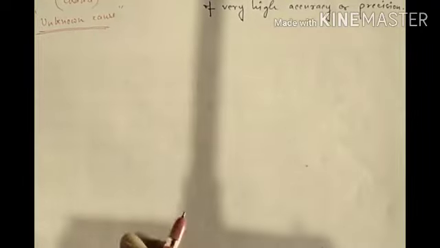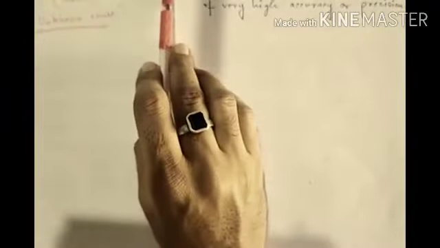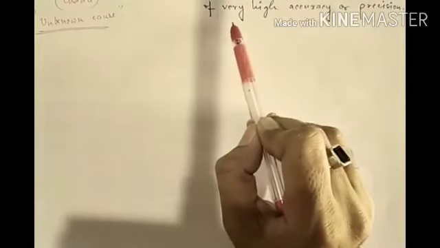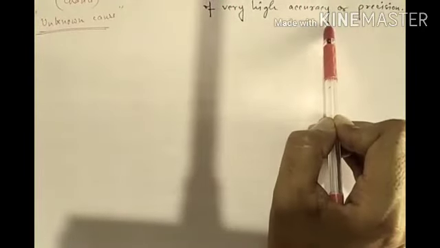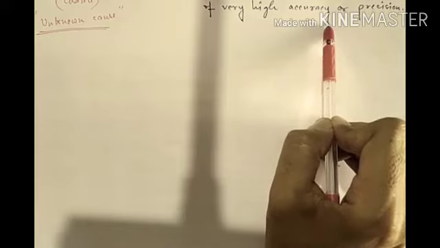Now let us see how to minimize random error, because I have discussed that measurements made with extremely small random error are considered to be very, very accurate. So how to take very, very accurate measurements? How to ensure that our measurements are very, very accurate? For that we have to ensure that we have an extremely small amount of random error.